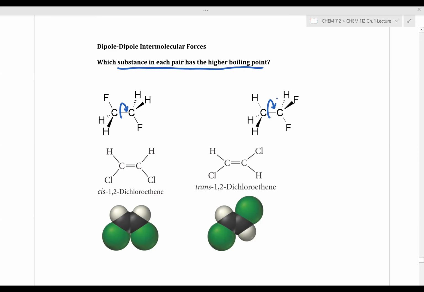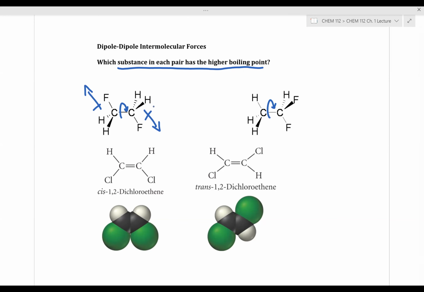In the case where each carbon has one fluorine, the fluorines are located on two different carbons. Our dipoles, in general, are pointing across the carbon-fluorine bond, but just remember, the carbon-carbon bond can rotate. So as they rotate, there are moments when the dipoles are aligned, and there are moments when the dipoles are opposed.